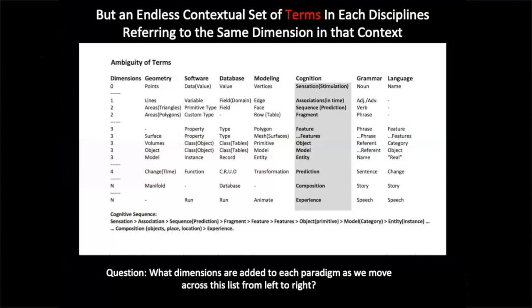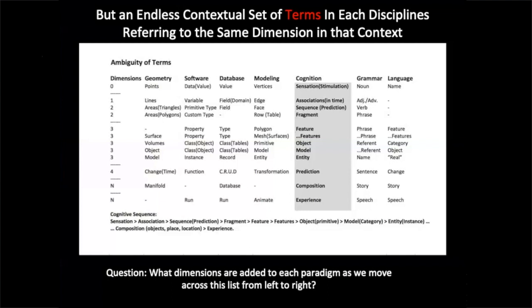This is where it's important: a sensation, an association, a sequence, a fragment, a feature, an object, a model, an entity, a prediction, a composition, an experience. It's the same thing no matter what topic we're talking about: we're referring to a hierarchy of basic constructs that reflect the basic construct in here.